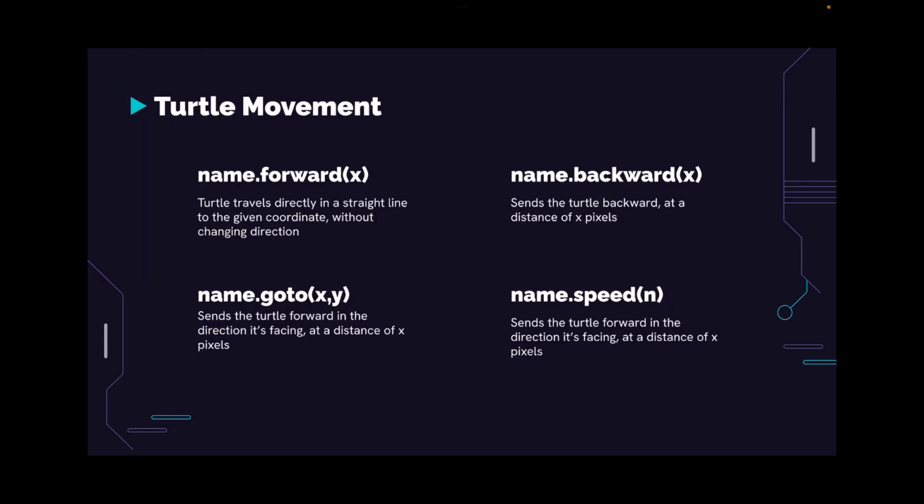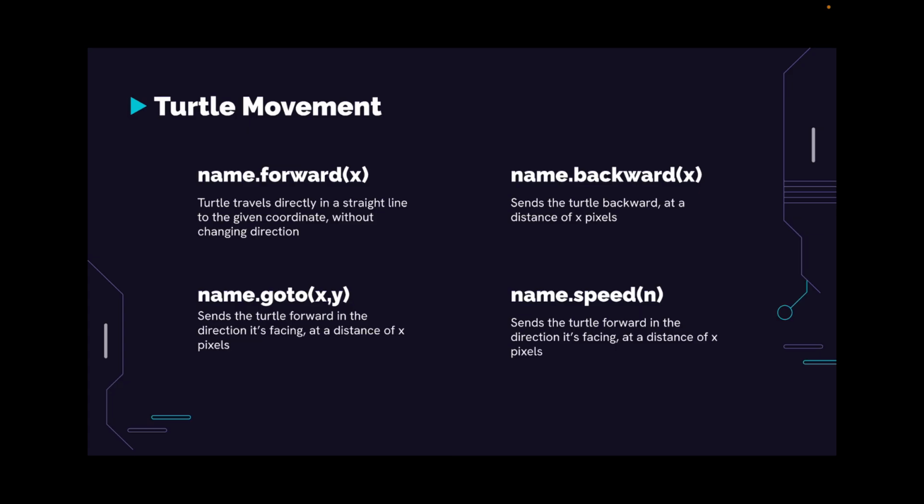Here are some very useful functions for turtle. They specify turtle movement. So we have turtle.forward, which makes the turtle travel in a straight line X number of spaces, and it doesn't change direction. Name.backward, so your turtle name.backward would send the turtle backwards a distance of X pixels without, once again, changing the direction.